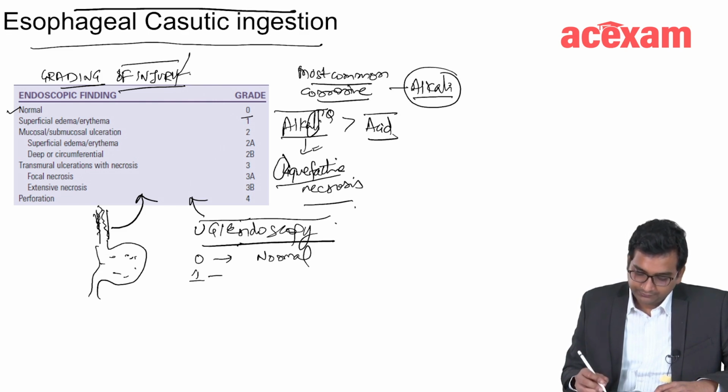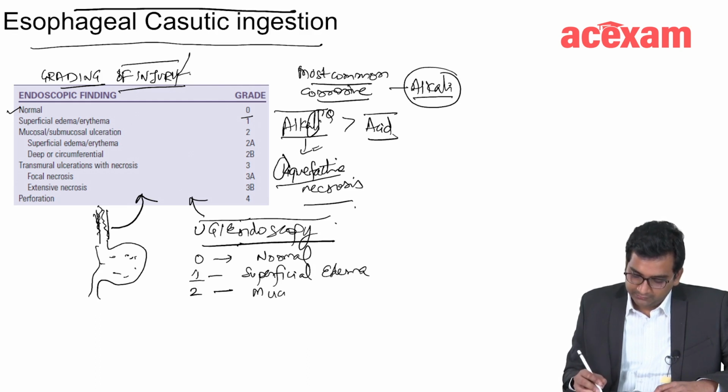Grade 1 is superficial edema. Grade 2 is mucosal or submucosal ulceration.